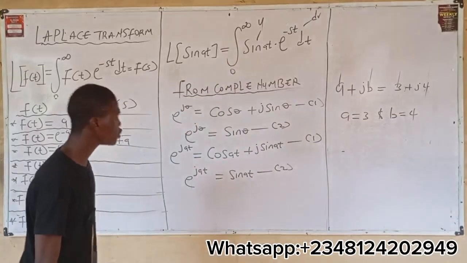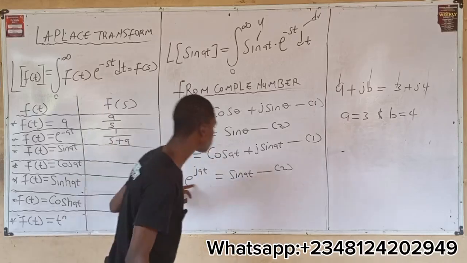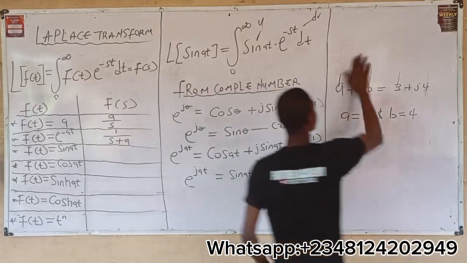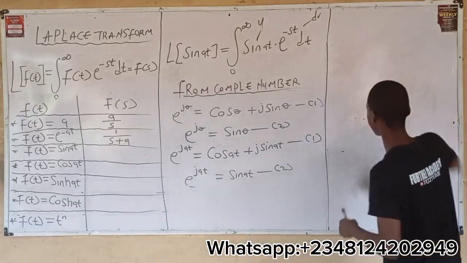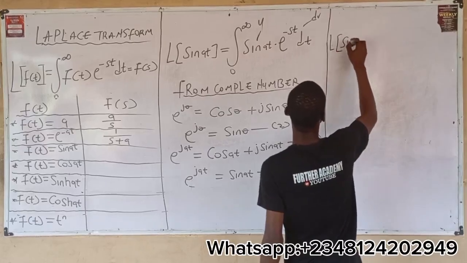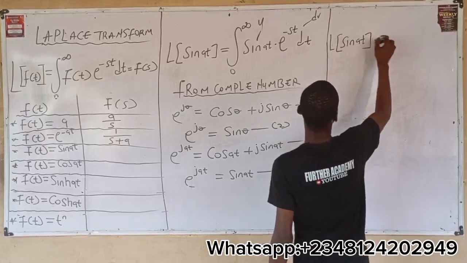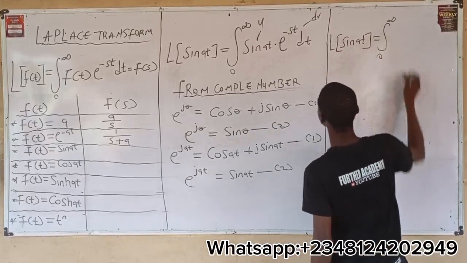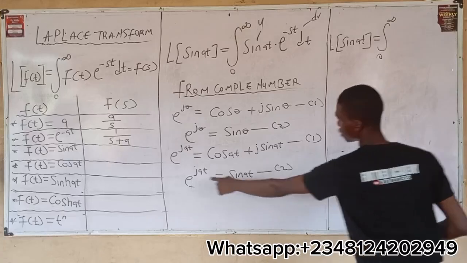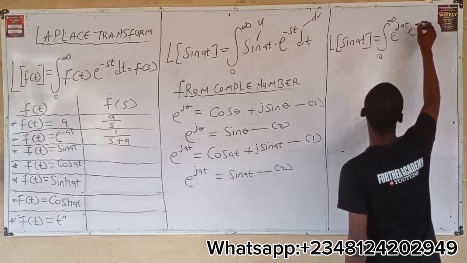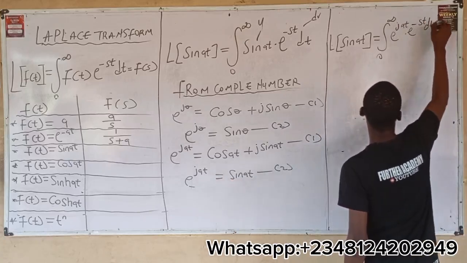Next up, substitute this our new equation 2 into the Laplace transform of sin at. It becomes the integral from 0 to infinity, substituting your sin at, meaning exponential jat, multiplying exponential negative st dt.